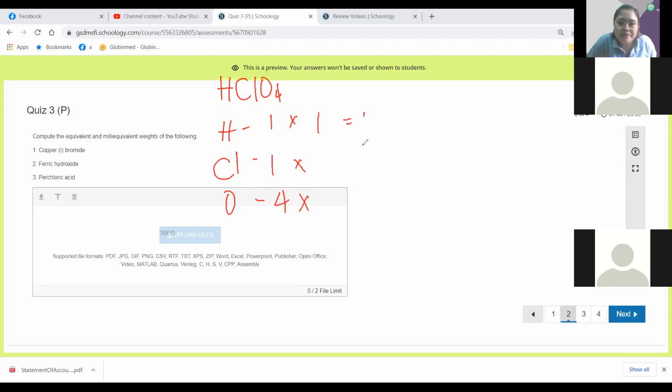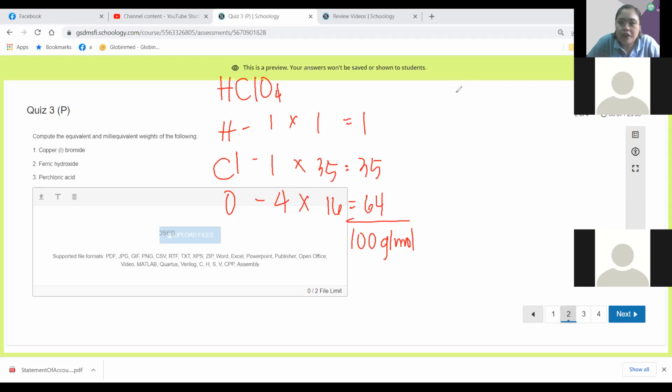So this is 1. This is 35. And then this is 16. 16 times 4, yeah, 64. So 64 plus 35 plus 1 is 100 grams per mole.